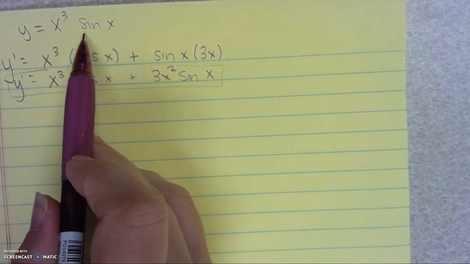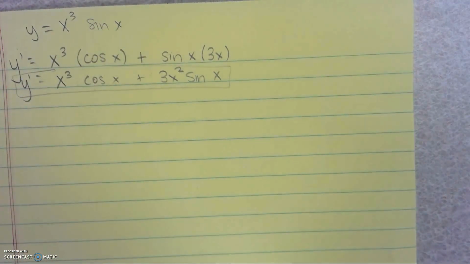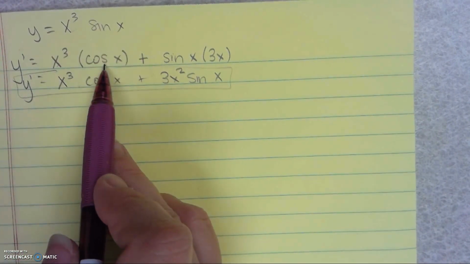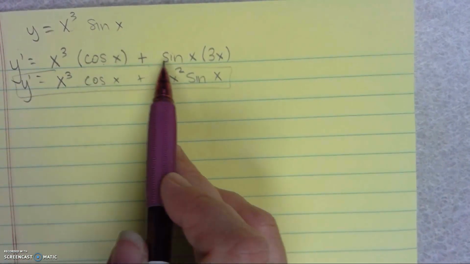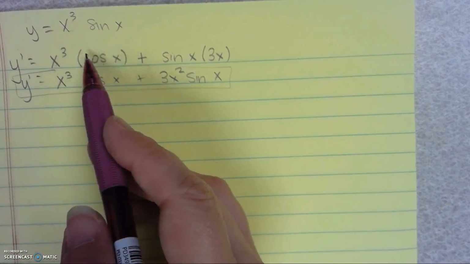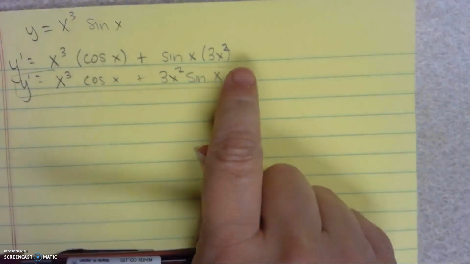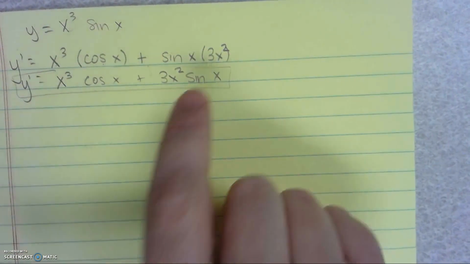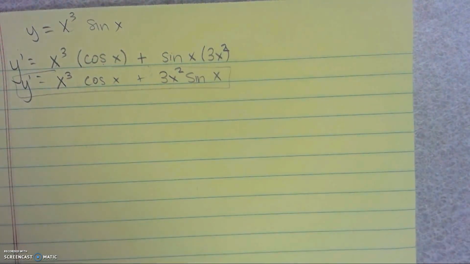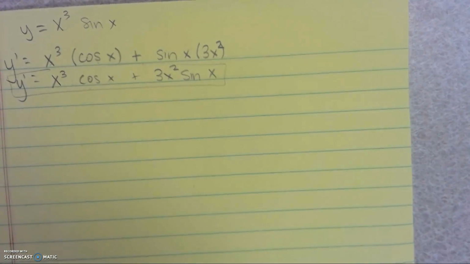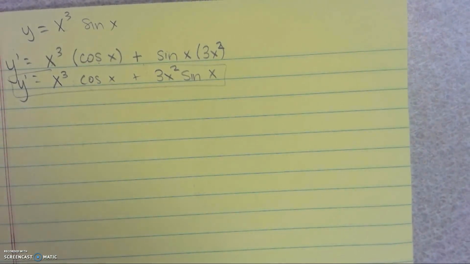All right, here's our problem. It's a product. So we're going to say first times the derivative of the second plus the second times the derivative of the first, and that's 3x squared. All right, so make sure that x squared is on there. I left my 2 off there. All right, and so then from there out, that is good. That's the answer.